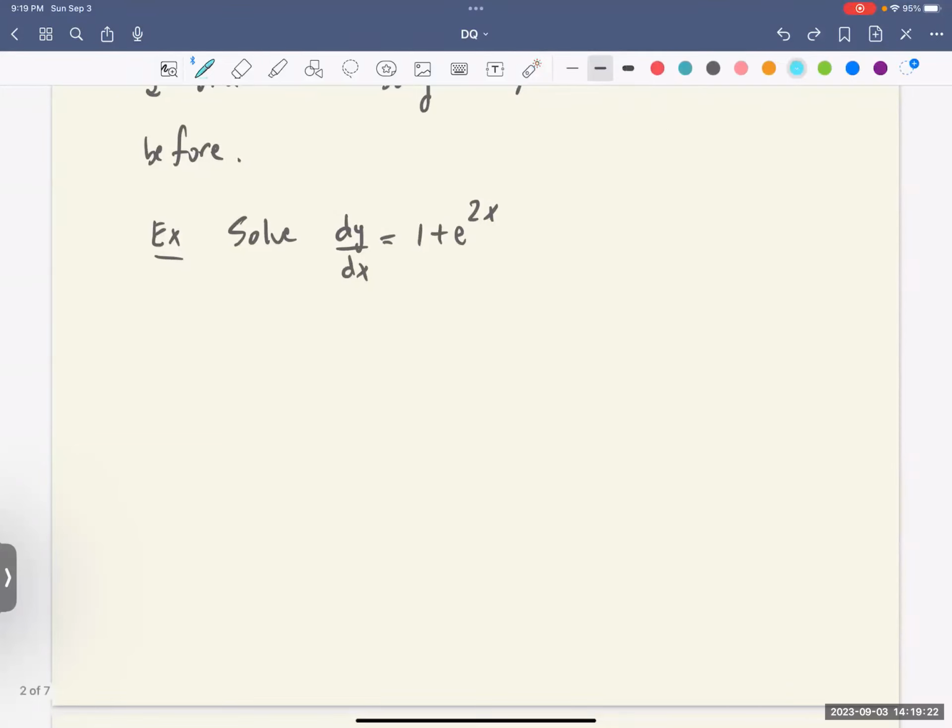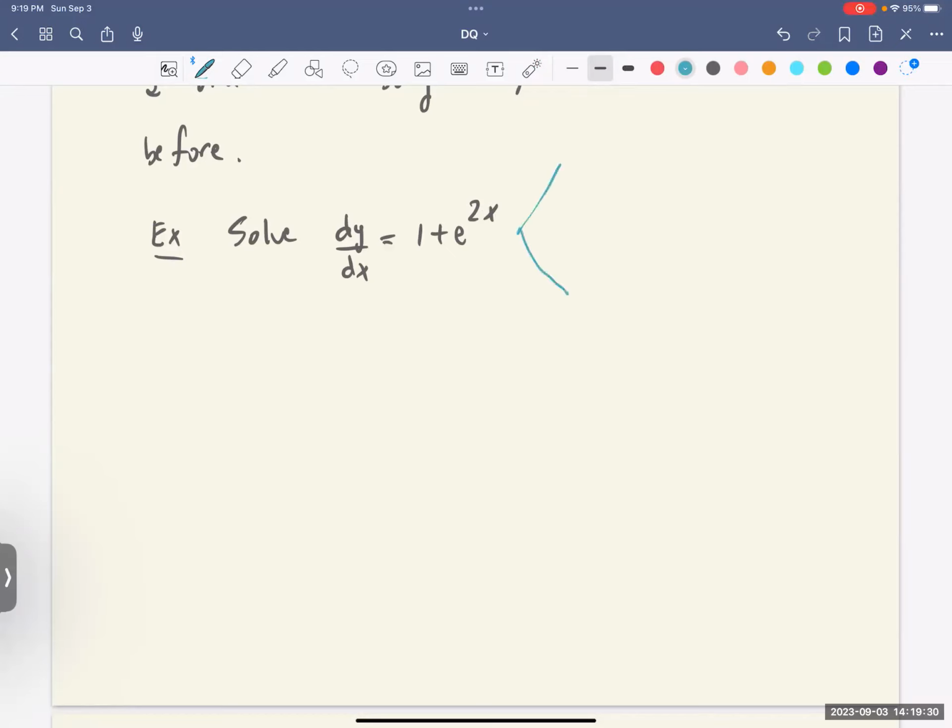Okay, so let's take the differential equation dy dx equals 1 plus e to the 2x again. It's non-autonomous because the right-hand side has an x present, an independent variable.